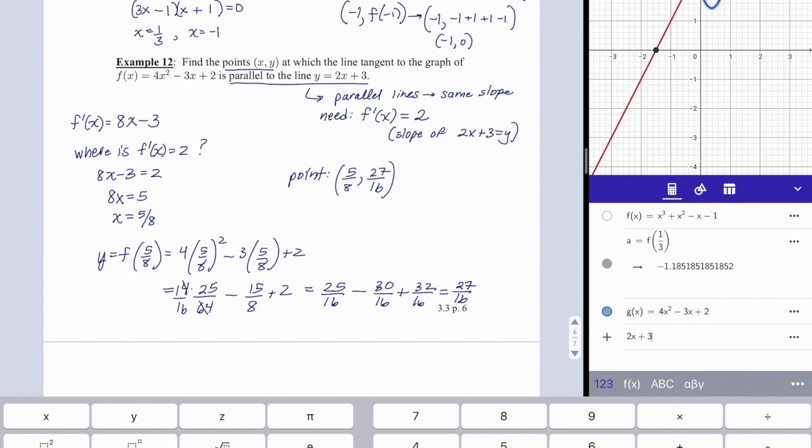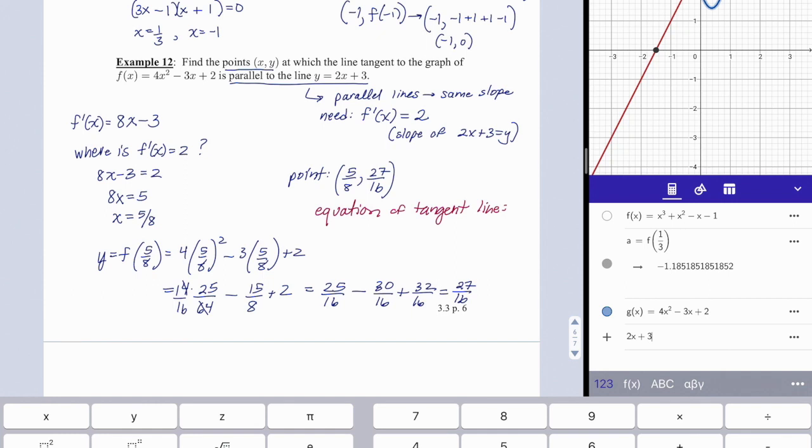And I want to figure out, does it look like at the point 5/8, 27/16 that we have a tangent line that's parallel to that line 2x plus 3? Let's find the equation of the tangent line at this point, if we've done this correctly. It wasn't part of the problem, but it will help us for our checking on the graph.